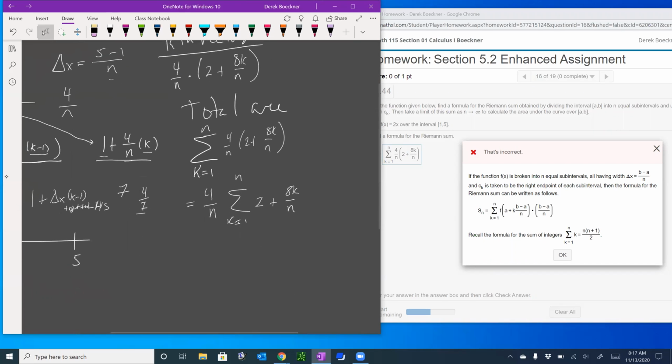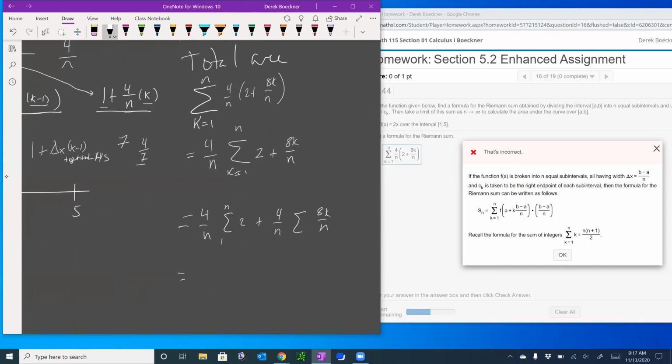And I can split that up into two summations, 4 over n, sum of 2 from 1 to n, plus 4 over n, sum 8k over n. This is just 2n because you're adding up 2 n times. So that's actually just multiplication. So you got 4 over n times 2n plus this.